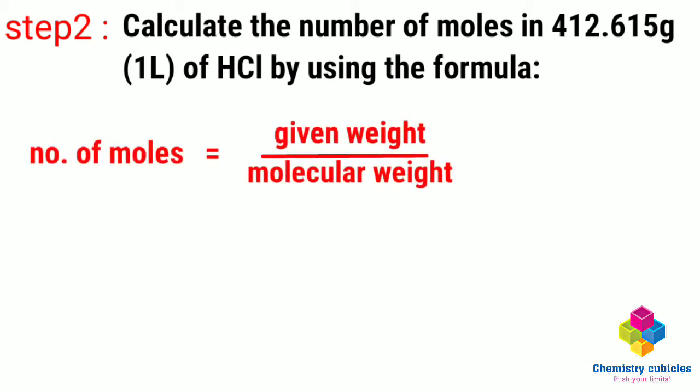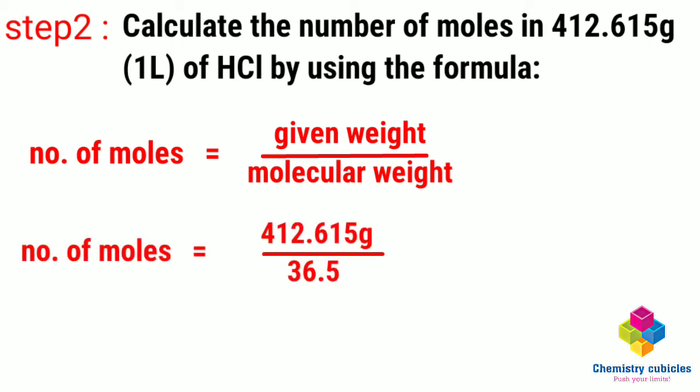Since the number of moles is equal to the weight of the substance in gram divided by the molecular weight, we have number of moles equal to 412.615 gram divided by the molecular weight of HCl, which is 36.5.